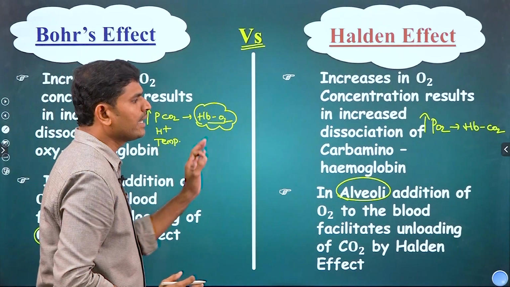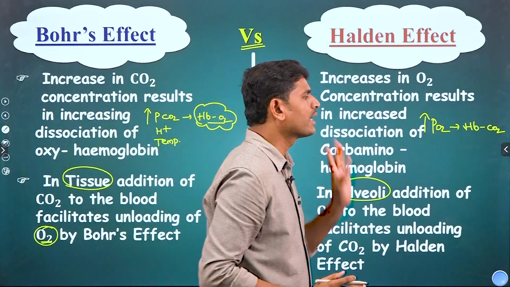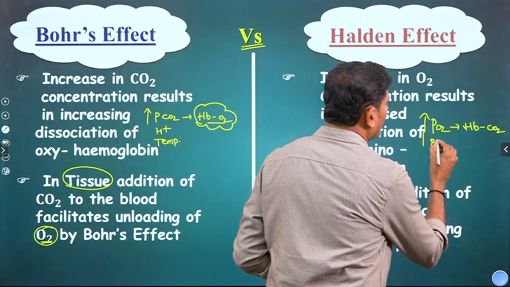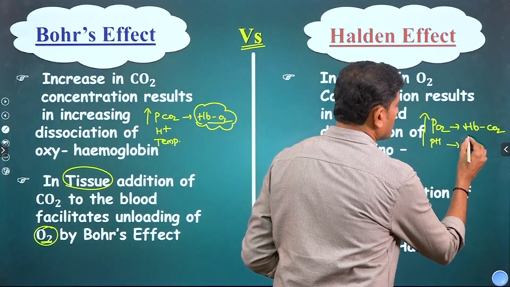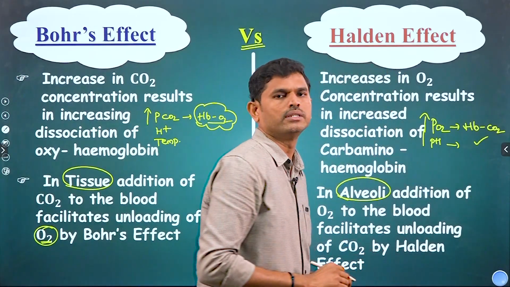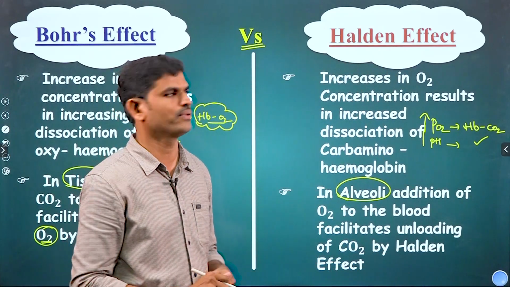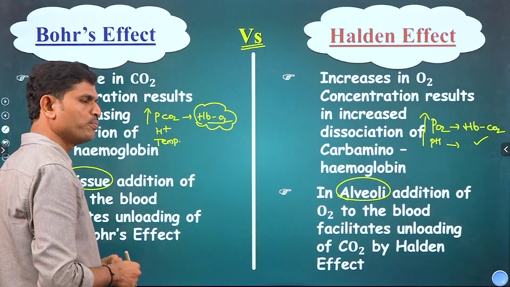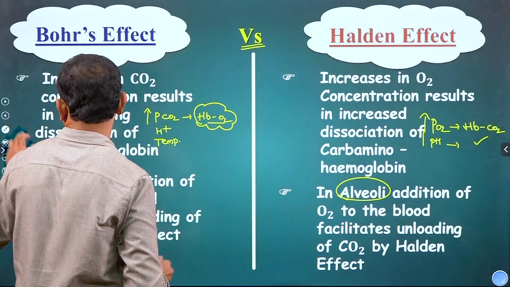This is correct, and this is also correct: more PO2 and pH can favor the dissociation of HbCO2. So this is the Haldane effect and Bohr's effect. I hope you understood this one.